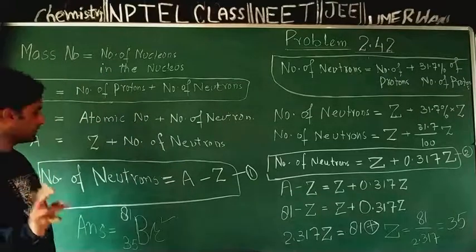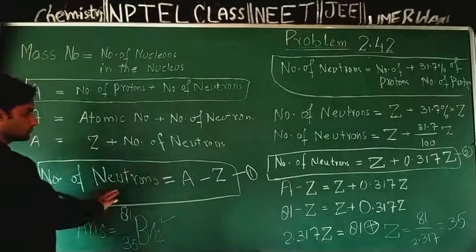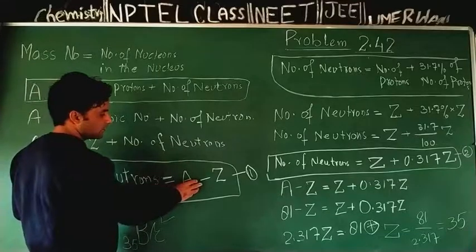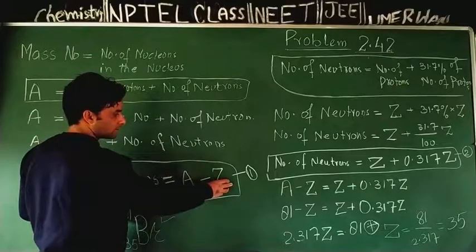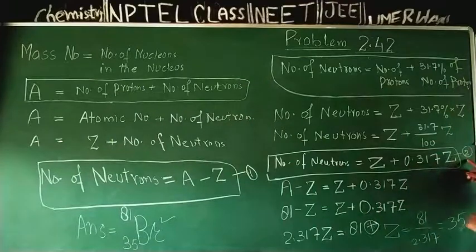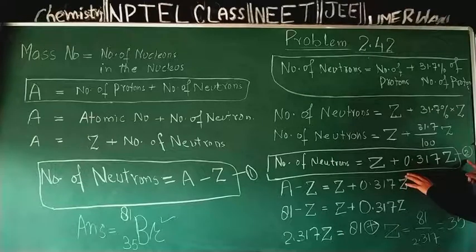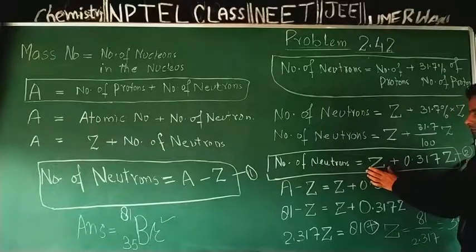Two ideas were important. First idea I took from Rutherford's model of atom, that number of neutrons in any atom is equal to mass number minus atomic number. Second important idea was this equation second, and this equation second I was able to write when I used the information given in question, that number of neutrons are related with number of protons by this relation.